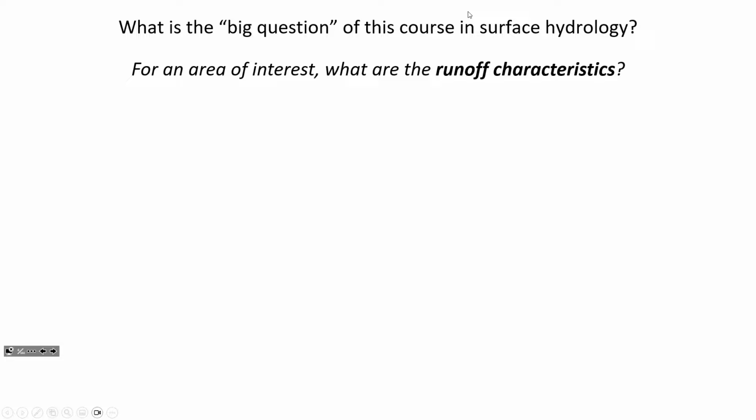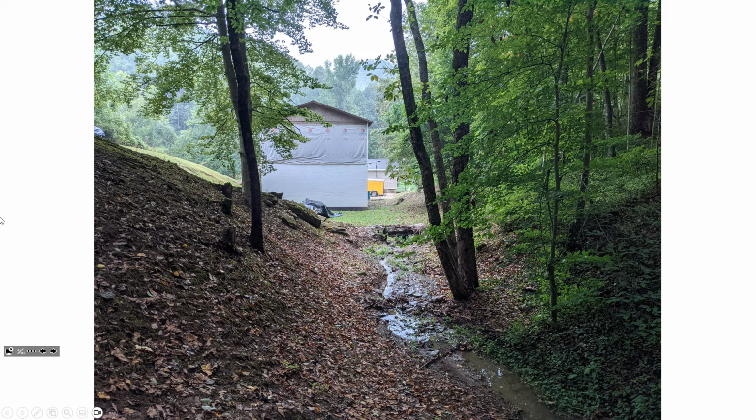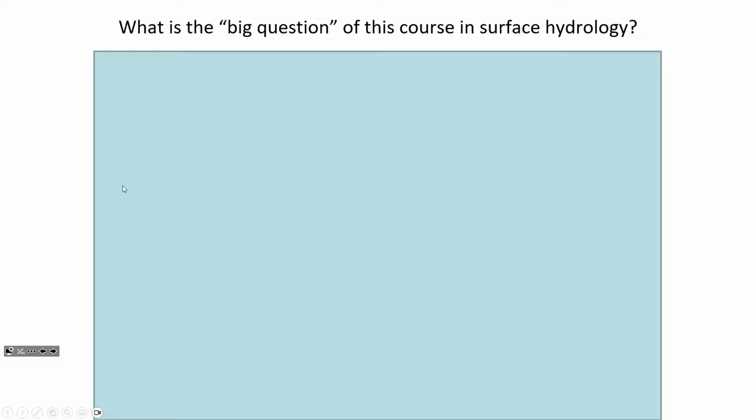An airport runway is designed to really high standards when it comes to trying to avoid standing water at all costs. And so we'll look at different types of roads and how there's a differing threshold for what's acceptable failure. So for an area, whether it's a parking lot or whether it's some watershed that is running adjacent to a home, if we have some area, what are the runoff characteristics?